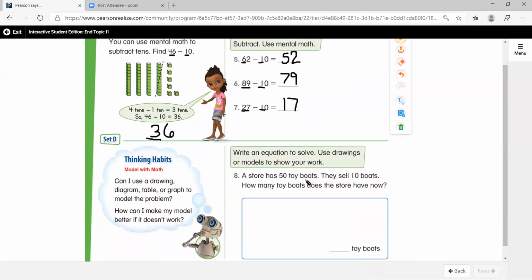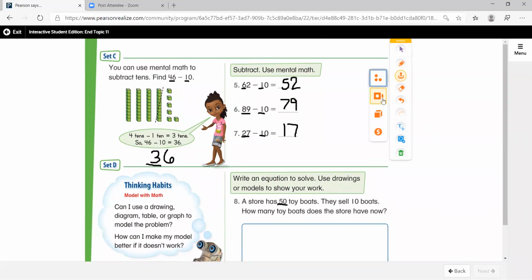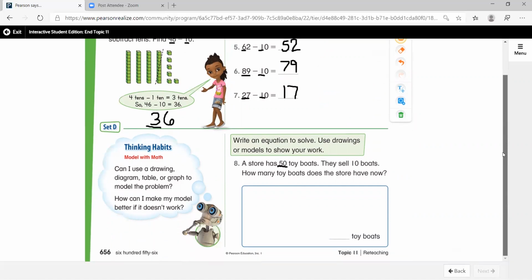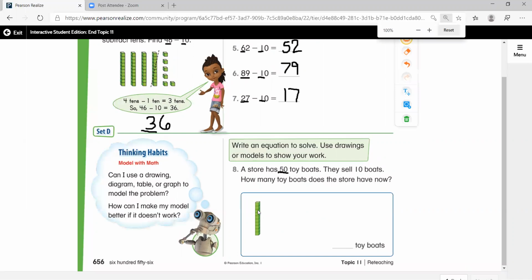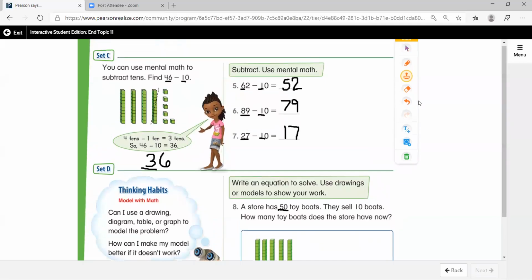So first, I'm going to start with the 50. To model my 50, I'm going to go ahead and find my 10 sticks. And if I look at 50, I know that there's a 5 in the tens place, so I need 5 10 sticks to model 50. 1, 2, 3, 4, 5. 5 tens makes 50.